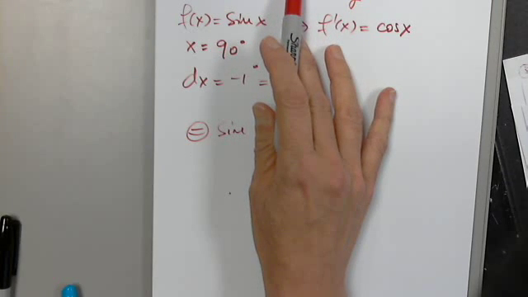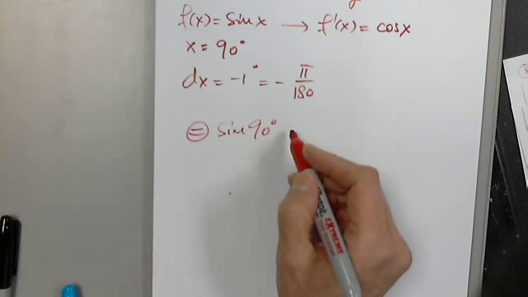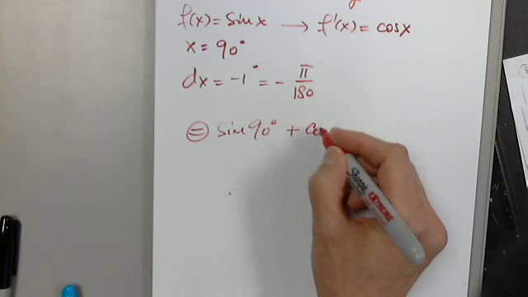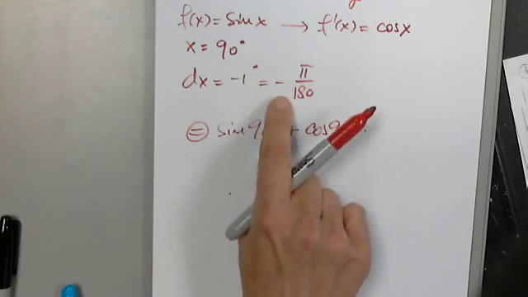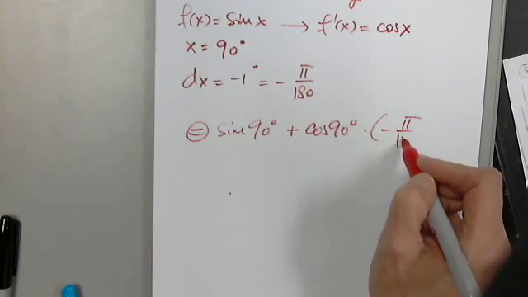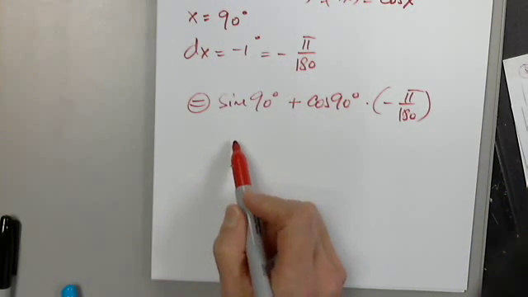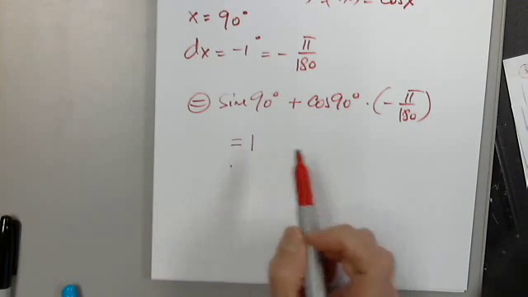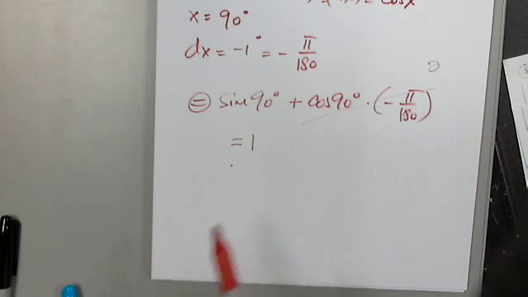Right, but I want to use the definition. Sine 90, very good, plus cosine of 90, awesome, times negative pi over 180. But how much is sine 90? Perfect. How much is cosine 90? So this is all 0.